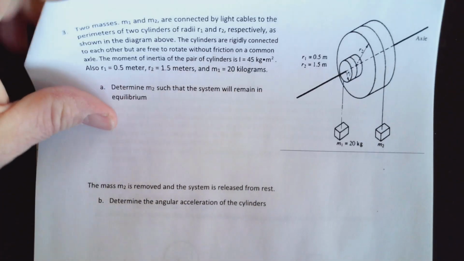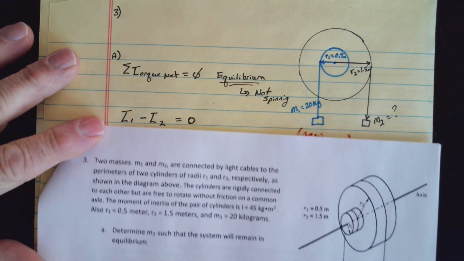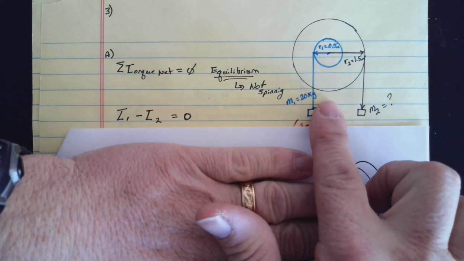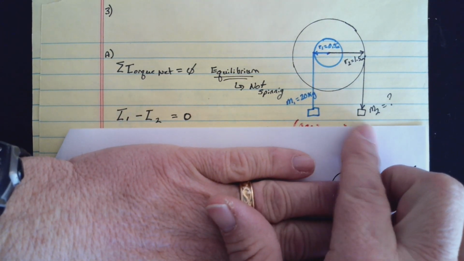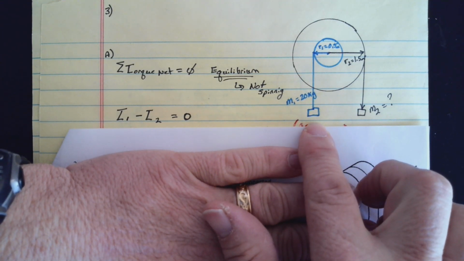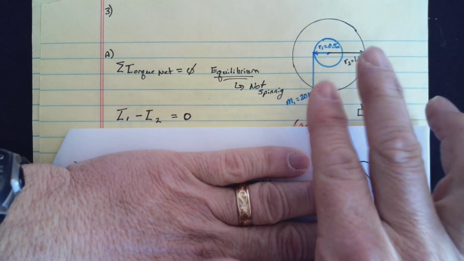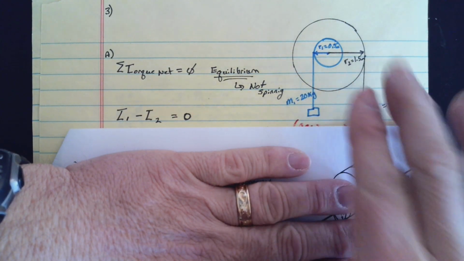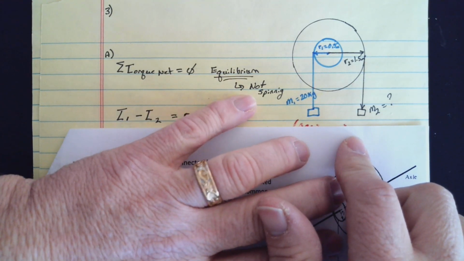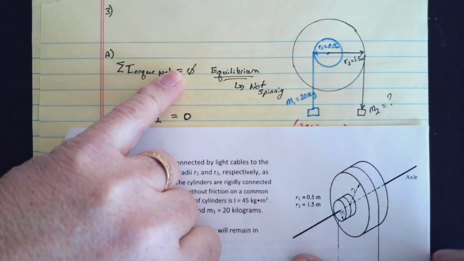I think this problem is a little easier to solve when I write it so you see it from a side view, where I can see this first mass, 20 kilograms, and I want to know this one to make this not rotate back and forth. That means we have equilibrium, not spinning, so the net torque on the whole system is equal to 0.